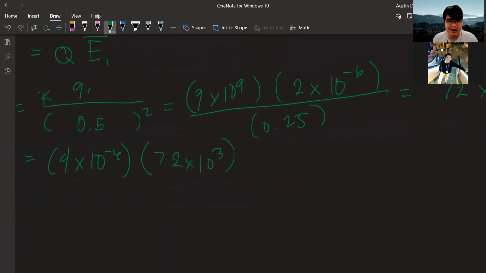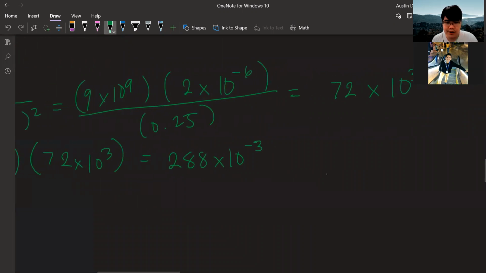Diba? Ang nice nung paglalagay mo in multiples of 3 ng exponential power. This is 288 times 10 negative 3 newtons. Kasi force na tayo and this is 0.288.